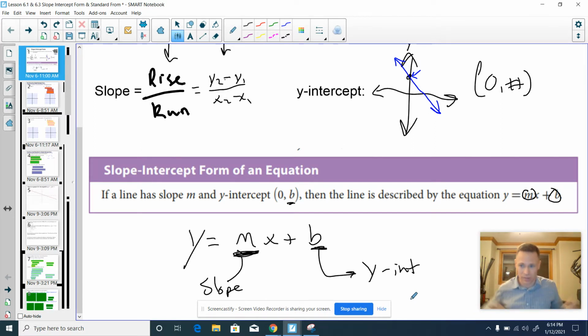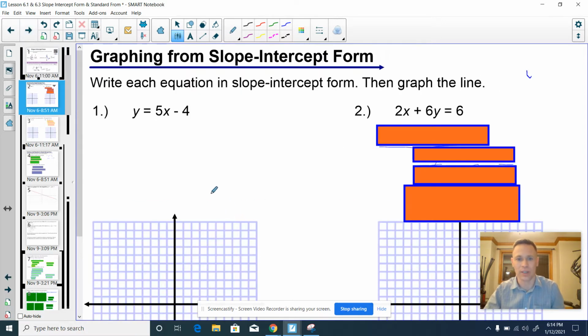If I get enough points, then I graph a line. The starting point is always the y-intercept. That's where we always start graphing. For the slope, we use rise over run directions to find the next point from our starting point.